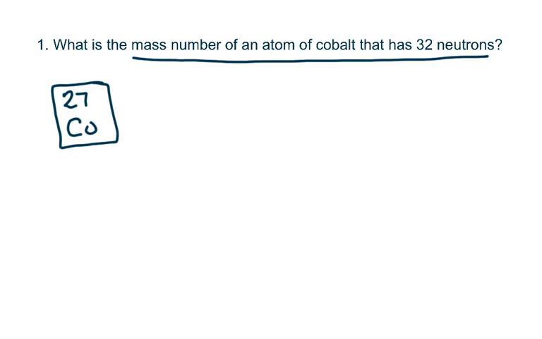Let's talk about the periodic table first. If you were to look up cobalt, you need to know its symbol is Co. If you look it up in the periodic table, you find that it's in box number 27. All right, and that defines a few things. It's very specific.